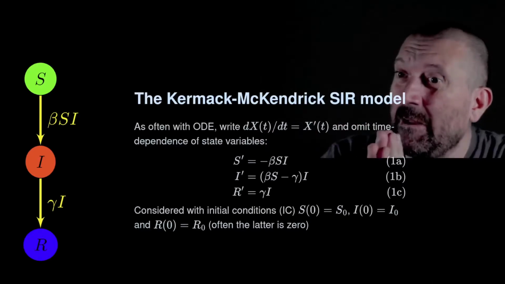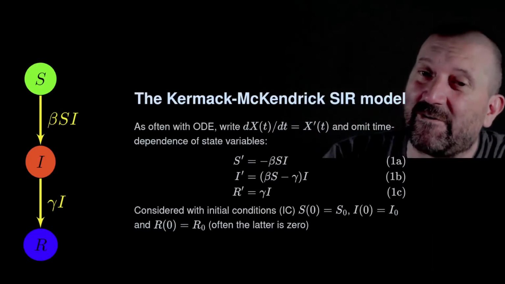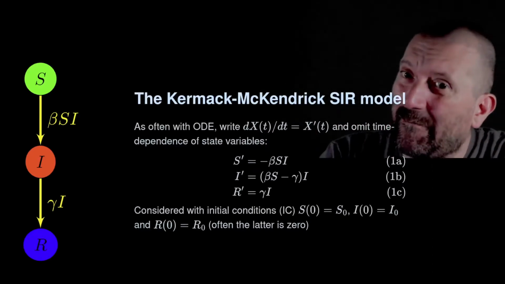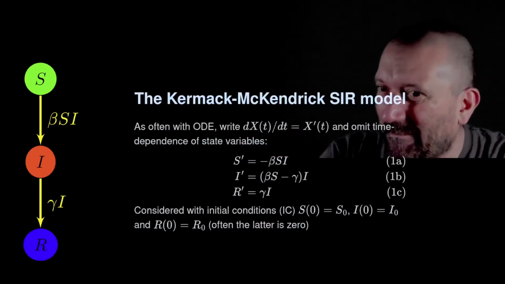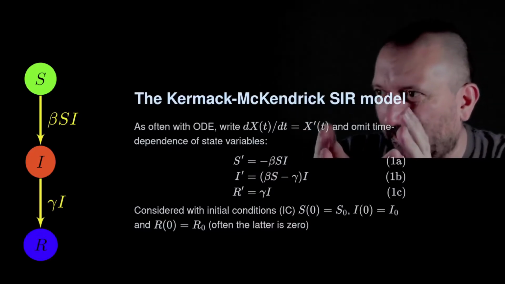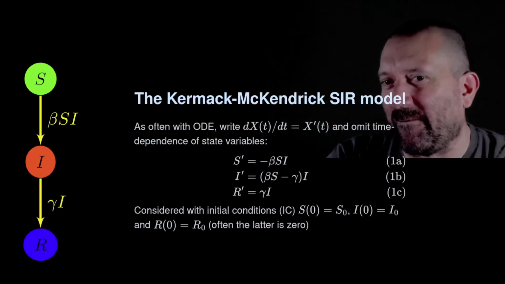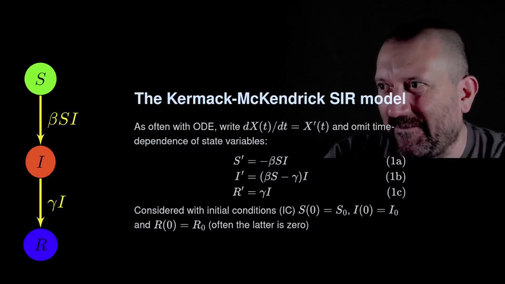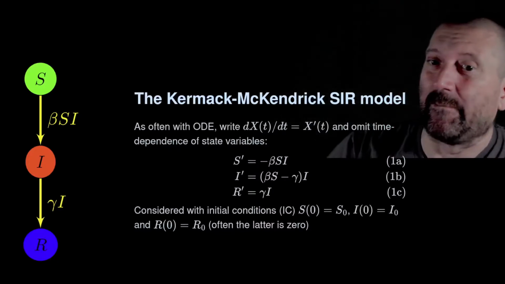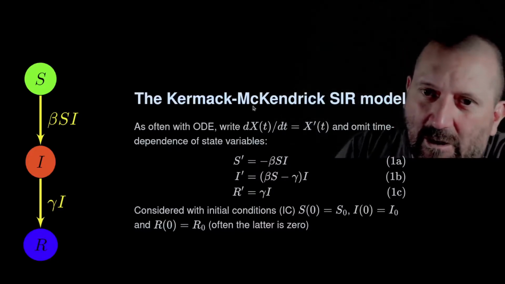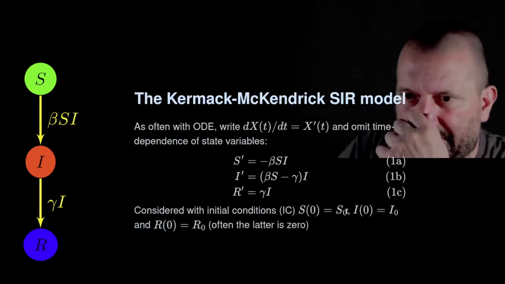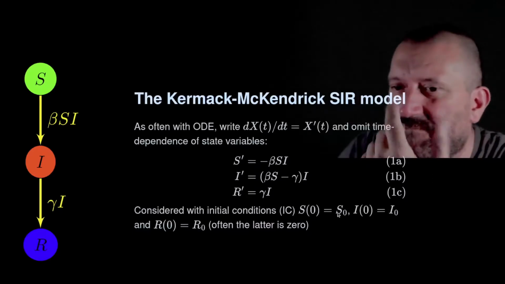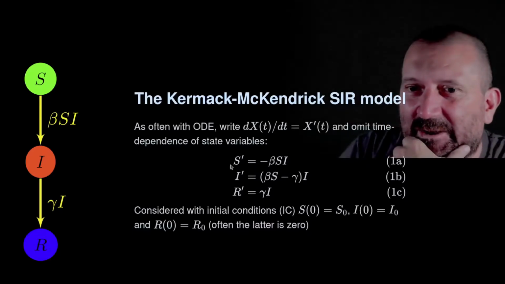This is still a system of differential equations in which the independent variable time is still present, but I'm just not showing it. The solutions I'm looking for, S of t, I of t, and R of t, are functions of time. Again, it's considered together with the initial conditions that I described before.